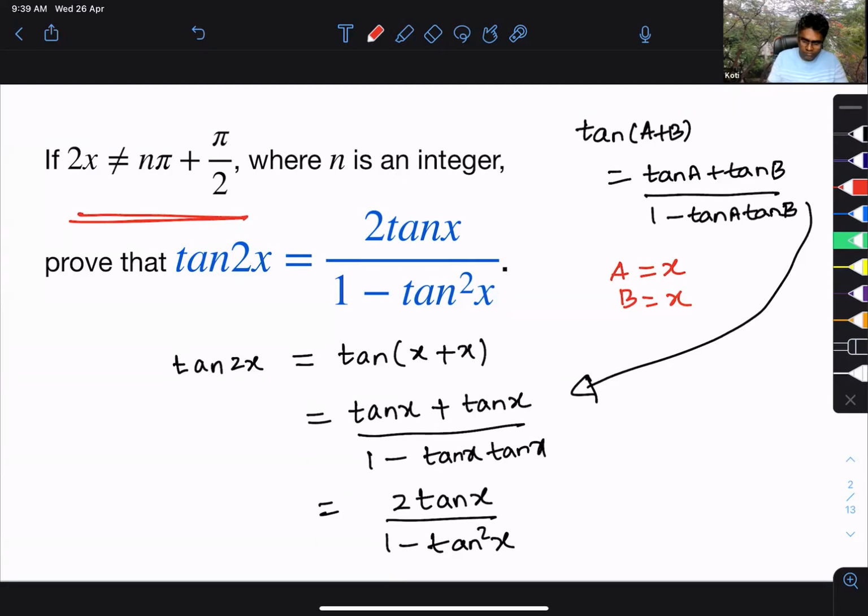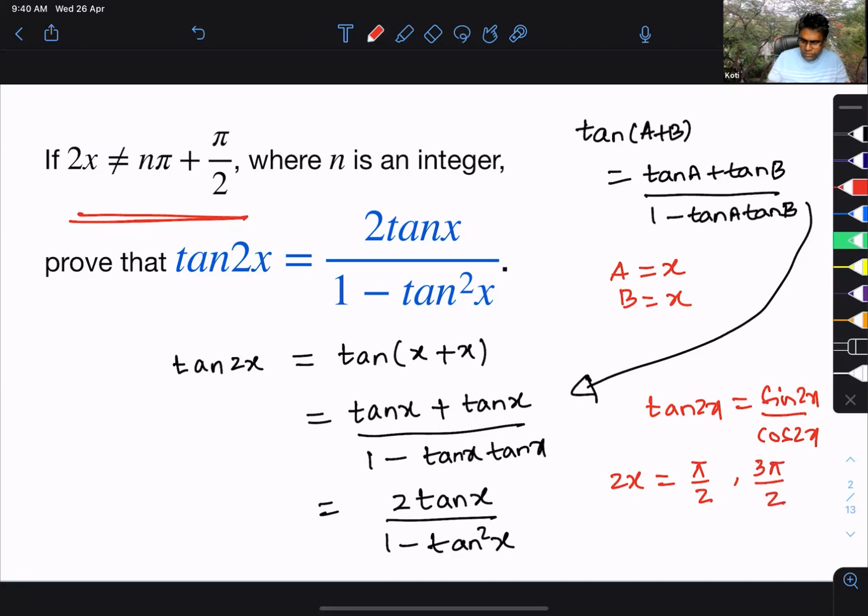Okay, for example, if I write tan 2x as sine 2x by cos 2x, I don't want, for example, 2x to be pi by 2. And also I don't want it to be 3 pi by 2. I'm just taking a few examples.